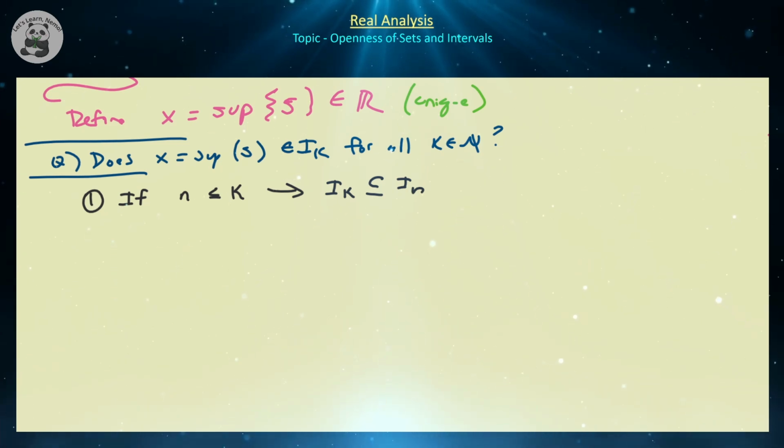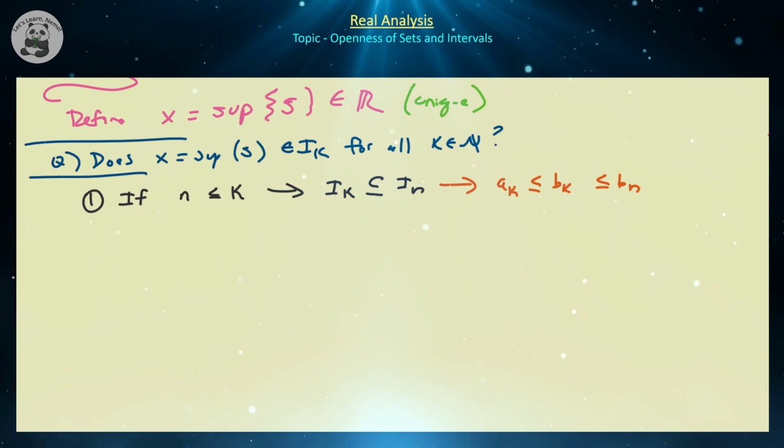And if that is the case, what can you conclude in terms of Ak, Bk, An, and Bn? You should be able to conclude that An is less than or equal to Ak is less than or equal to Bk is less than or equal to Bn, right? And we get that Bk is less than or equal to Bn since they're subsets of each other, and Bn is the upper bound of In, and In covers Ik.